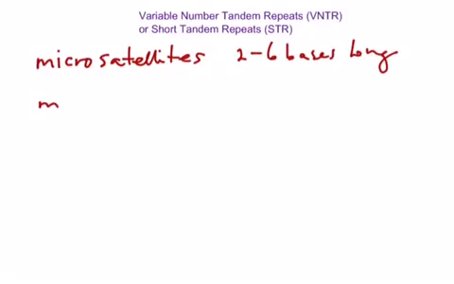The other is minisatellites, which are often sequences of bases longer than 6, so anything up to 10 or more bases long in a repeating fashion. So mini just refers to a longer nucleotide sequence that gets repeated. Micro, somewhere between 2 to 6 bases long that gets repeated.